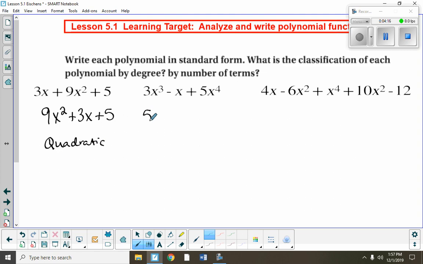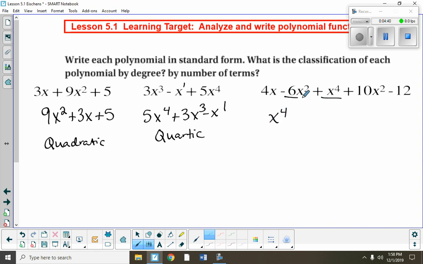Next, we have 5x to the 4th plus 3x to the 3rd, and then this is an x to the 1, so that's the last. And this is a 4th degree, so this is a quartic. And since there are 3 terms, that would be a trinomial. Next, we have x to the 4th, that's the highest power, that goes first.